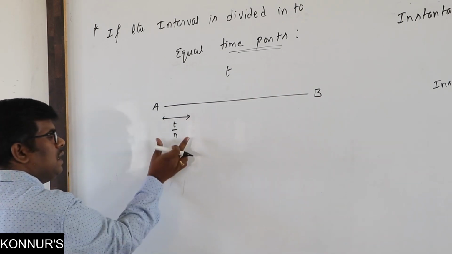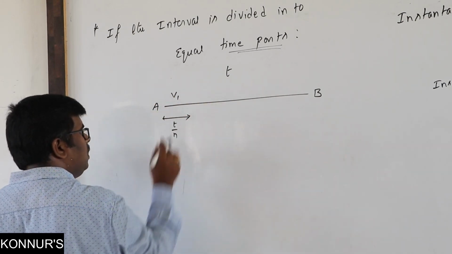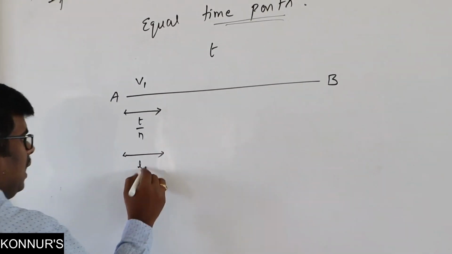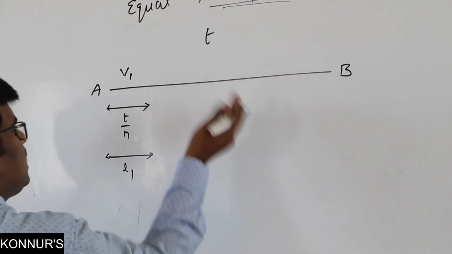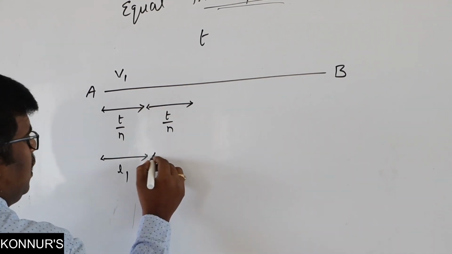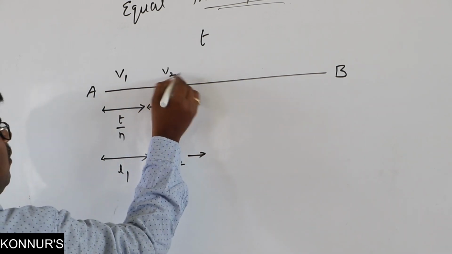In the first t by n time, the body travels with speed v1 and covers distance l1. In the same way, in the next t by n time, the body travels distance l2 with speed v2.